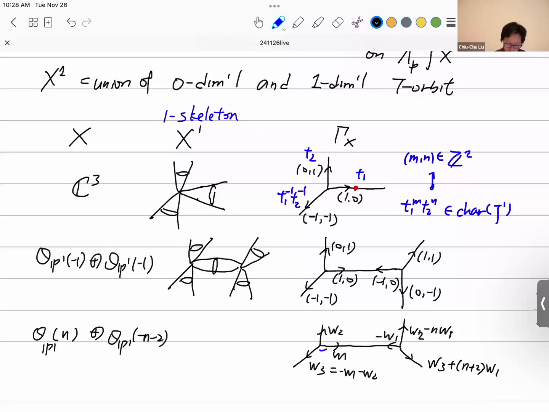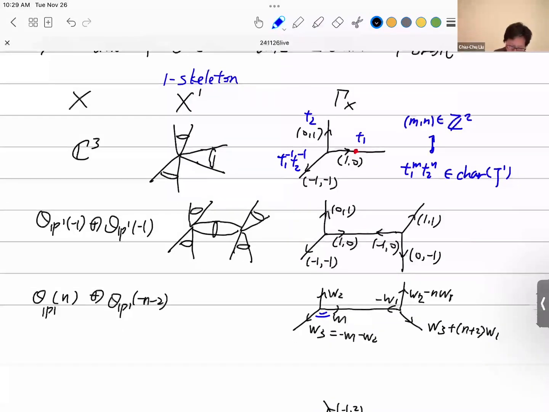We always have the condition that W1 and W2 form an integral basis of the character lattice of the Calabi-Yau torus, and W3 is minus W1 minus W2, because the Calabi-Yau torus acts trivially on the top exterior product, so the sum is 0.